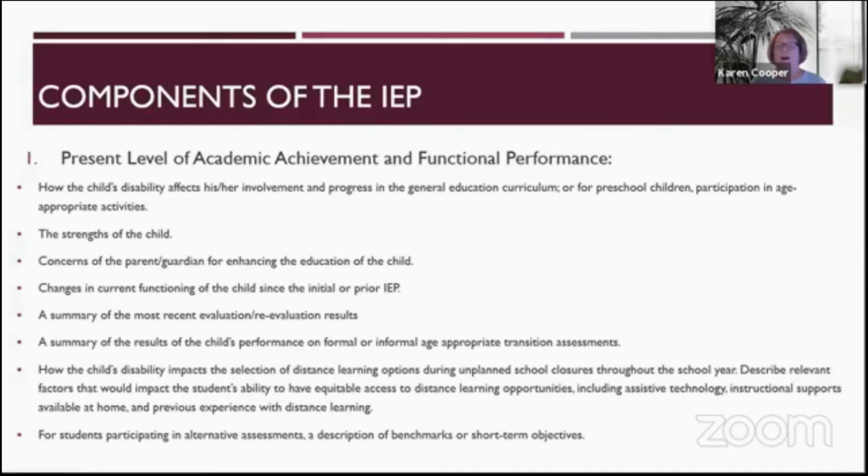This is the whole reason why the child is on the IEP, because their disability affects their involvement and progress in the general education curriculum. Remember, the purpose behind IDEA is in order for that person with a disability to be involved and progress in the general education curriculum. So this should be a large portion of the present level, and it should be very detailed information.